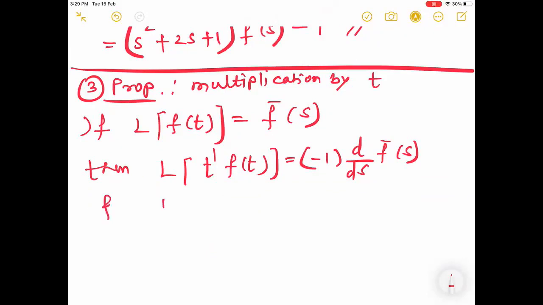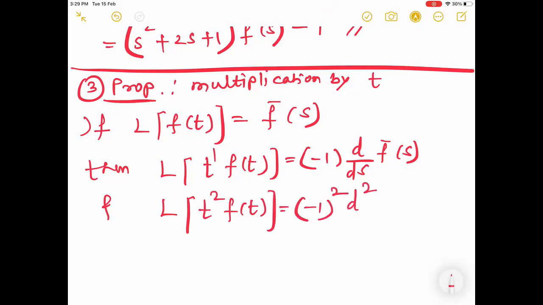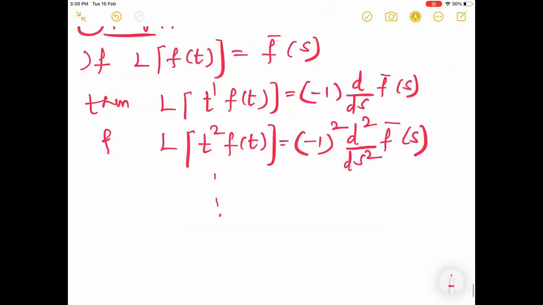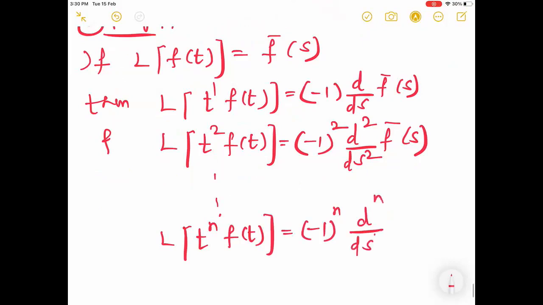And if you multiply by t square f of t, that will be minus 1 square d square upon ds square of f bar s, the second derivative. And like that, if you multiply by t raised to n f of t, certainly the right hand side will be minus 1 raised to n, the nth derivative of f bar s with respect to s.